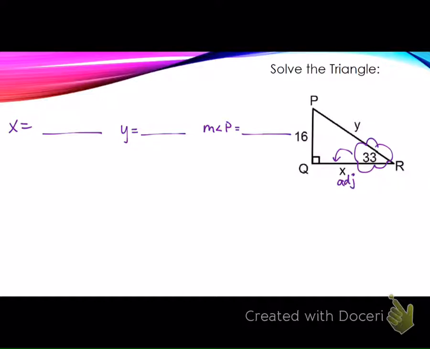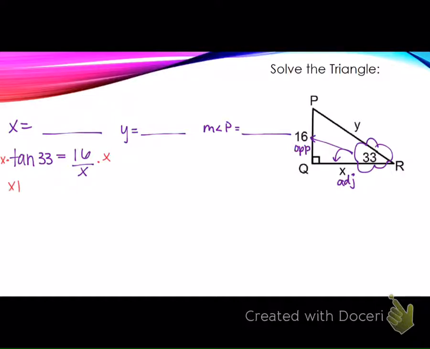And we need to use this 16 because it's an actual number, right? What is that one? Opposite. So what is opposite and adjacent? Which trig function is that? Good. Tangent of 33 is opposite over adjacent, so I multiply by the denominator first.